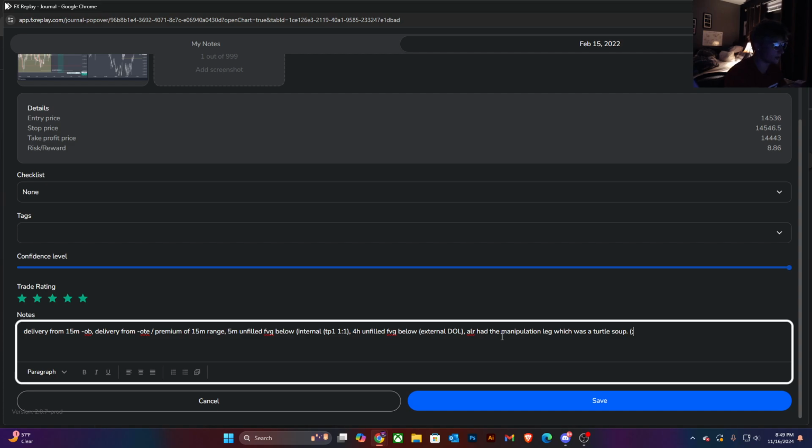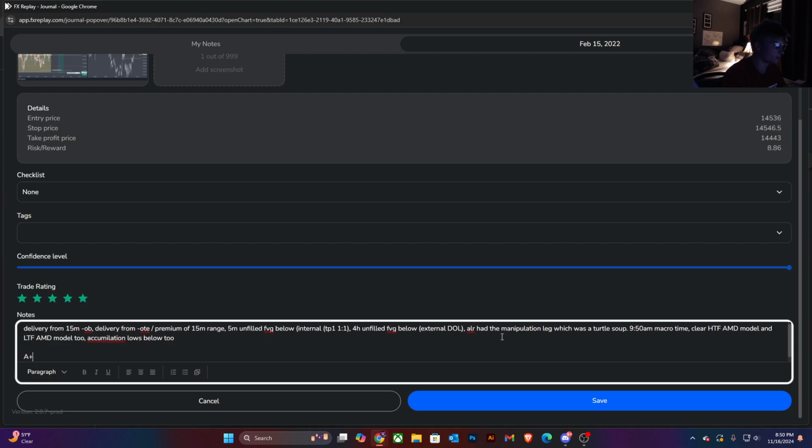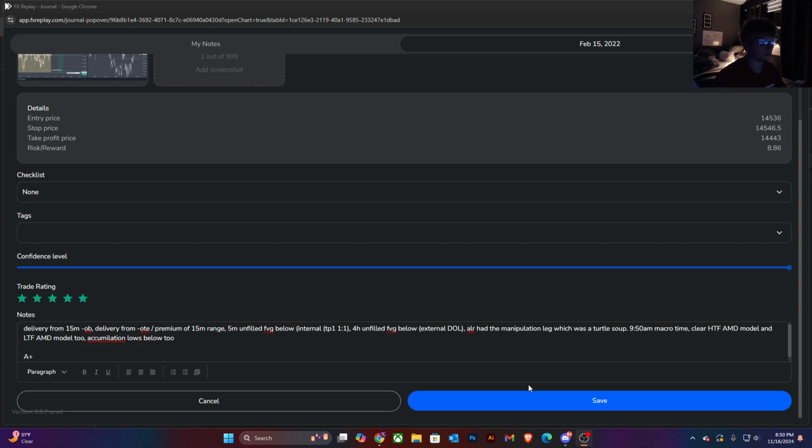It's also right now 9:50 a.m. macro time, and we also have a clear higher time frame AMD model and a lower time frame AMD model too. Accumulation lows below too. A plus. So yeah, let's try this.